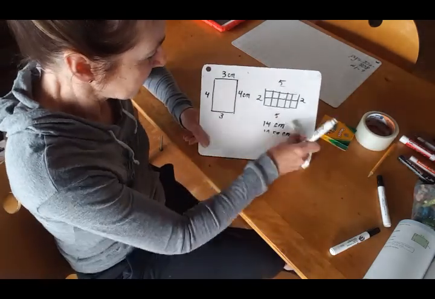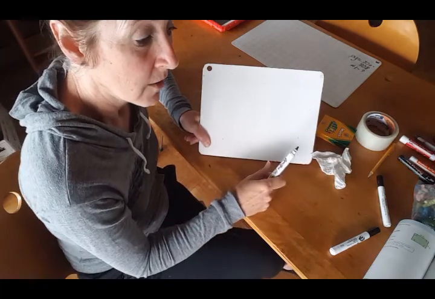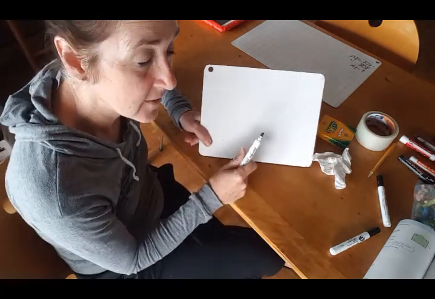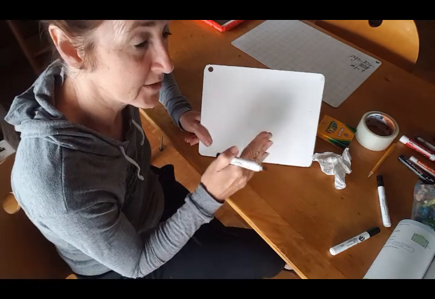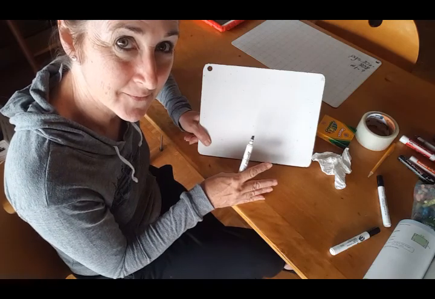Okay? Now, you are going to be going back and forth like that in your book. You're going to have to draw and create shapes that have the same area but a different perimeter, or the same perimeter and a different area. All right?